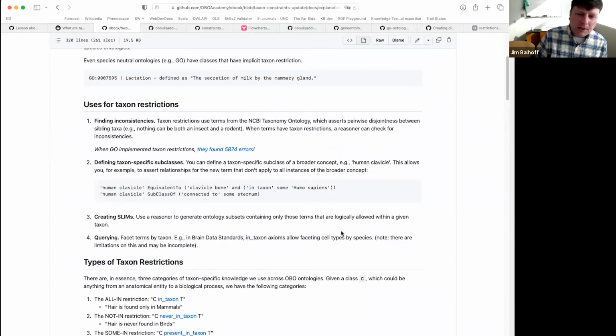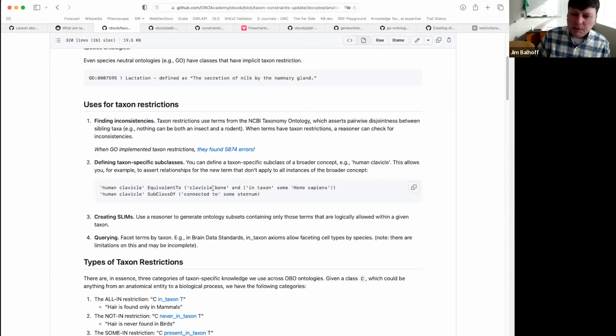You use the same logical approach to define a taxon-specific subclass. If you have an anatomical structure like clavicle, you make a new subclass that's specifically the human clavicle, and you define that with an equivalent class expression, like here.